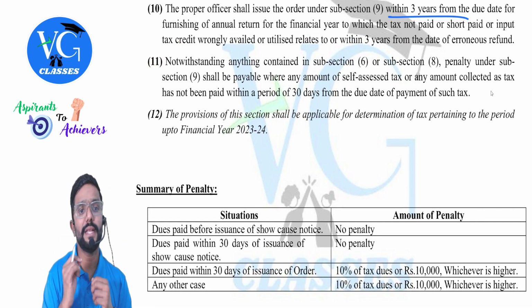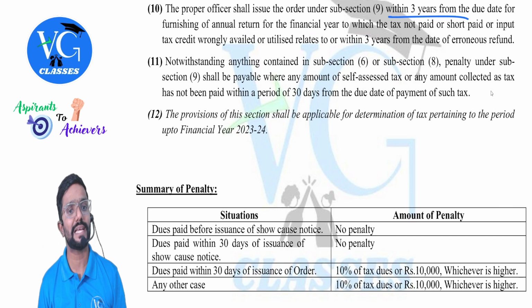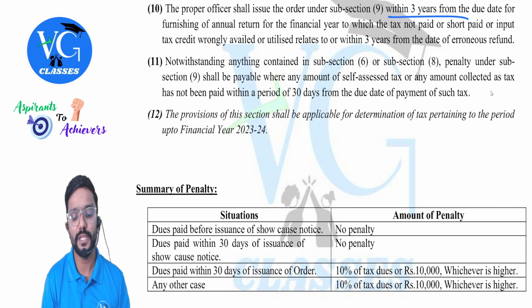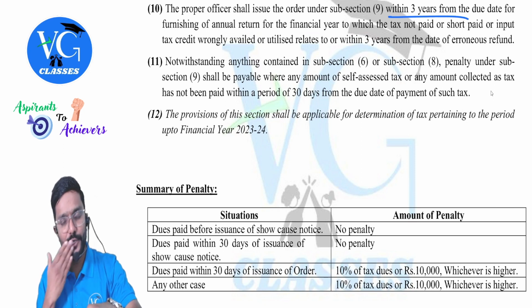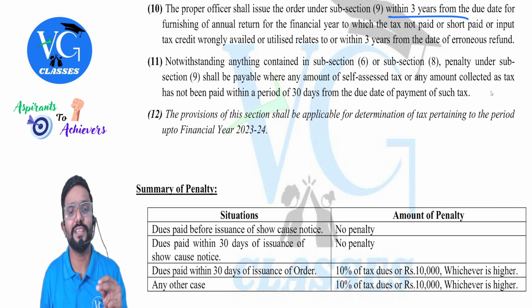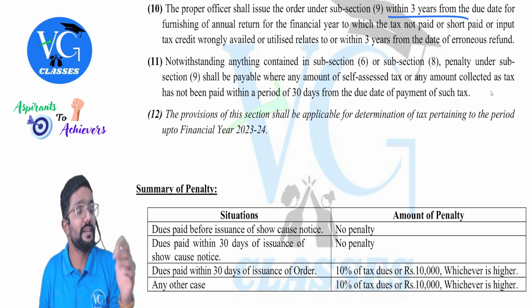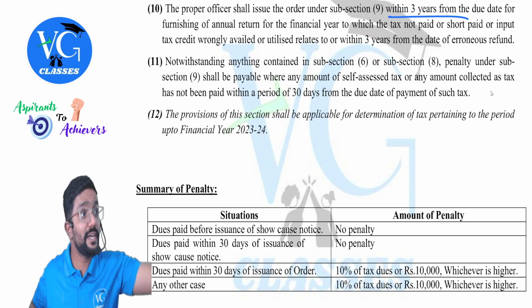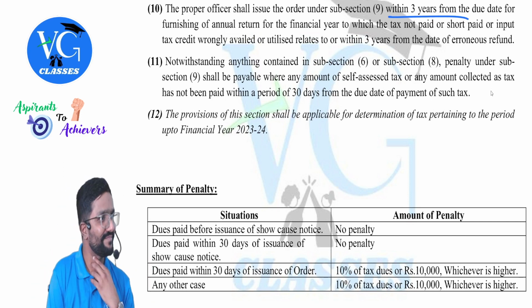Penalty under subsection 9 shall be payable where any amount of self-assessed tax or any amount collected as tax has not been paid within a period of 30 days from the due date of payment of such tax. Simple. What they are trying to tell is, see, above whatever we told is not applicable. If this is the case, listen, I had collected from my customer 2 lakh GST and kept it in my pocket.